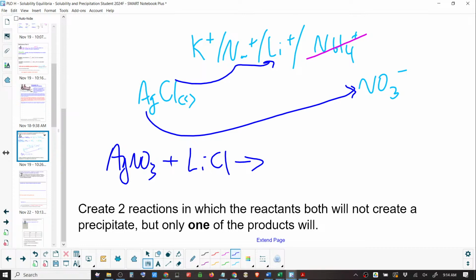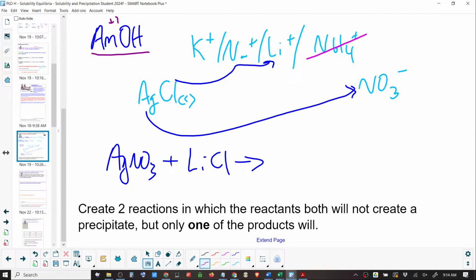Any other compound that's a precipitate? A weird one. Americium hydroxide. You've made Am(OH).